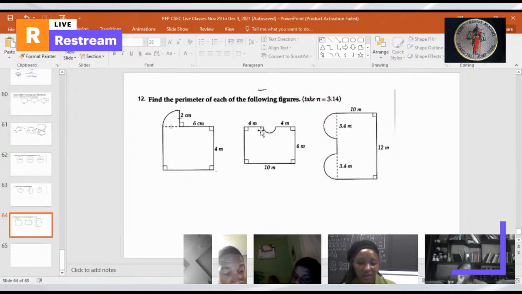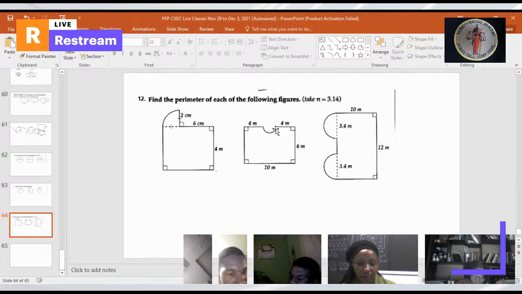Imagine that this curve is half of a circle. Look at it. You see that? Yes, miss. So use this diameter here. This would be the diameter of the circle. Use that diameter times pi to get the full circumference of that circle and divide it by 2.